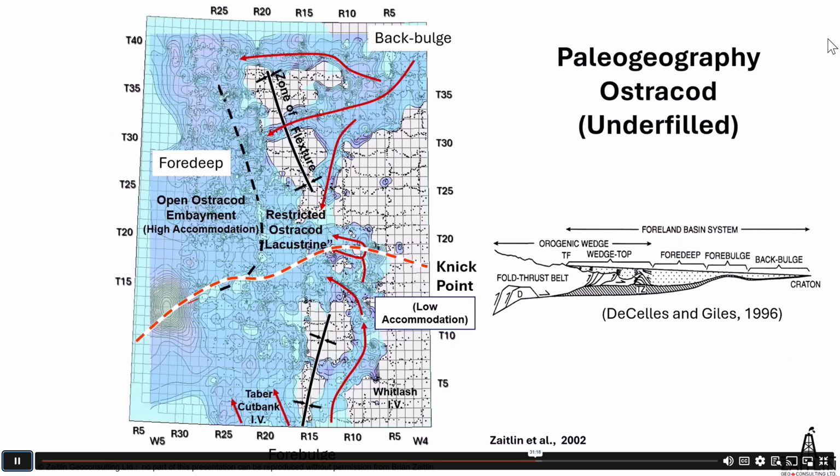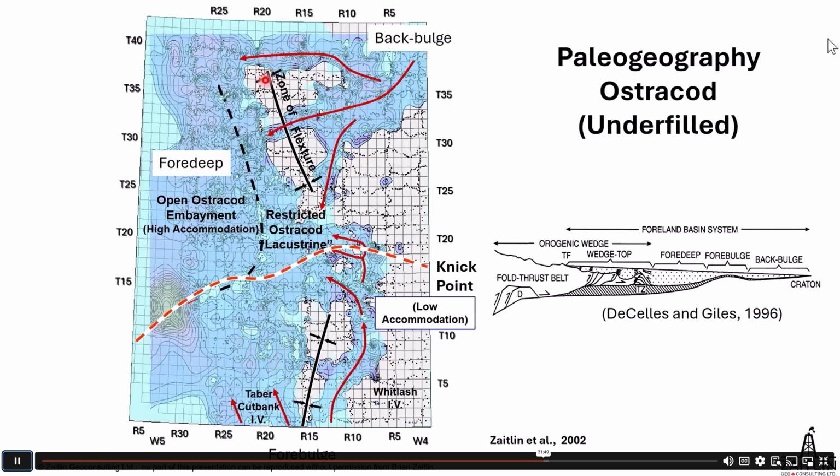And then the whole thing is capped up by the ostracod as we go along through here, where we have these zone of flexure. The white areas, in this case, represent where we ended up having paleosols associated with the ostracod. The blue areas in through here represent where we have the more calcareous ostracod.